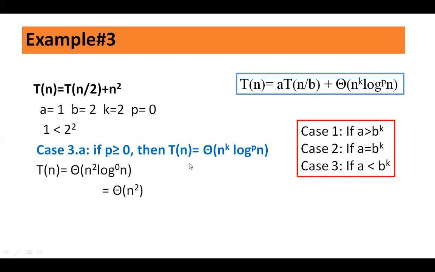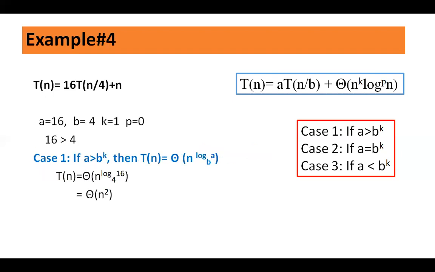Then what is the solution? T(n) is equal to theta of n raised to K log raised to P n. Just replace the values: K is 2, so n squared. P value is 0, so log raised to 0 n remains as it is, which is nothing but theta of n squared. It's very simple, in fact, if you just remember the master theorem.